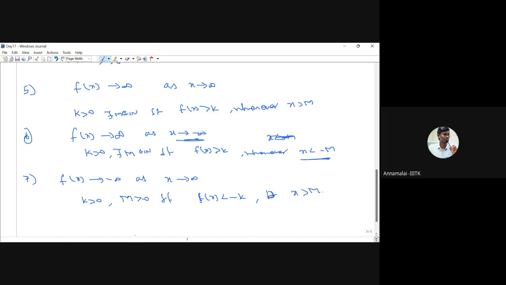Suppose both are minus, that is f of x approaches minus infinity as x approaches minus infinity, means what? Given any k greater than 0, there is a positive number m greater than 0 such that f of x is less than minus k whenever x is less than minus m.